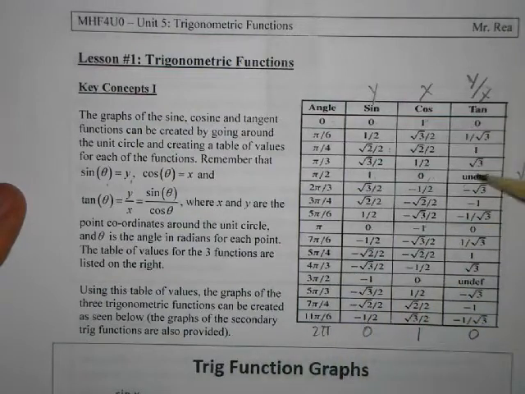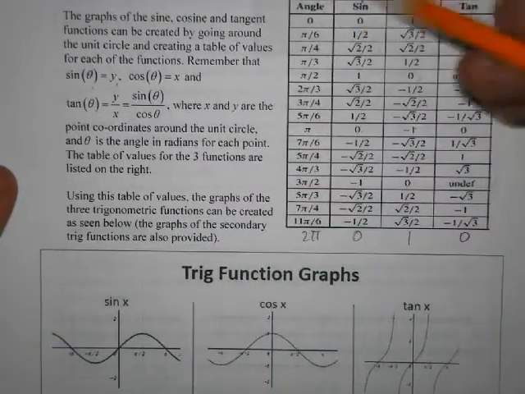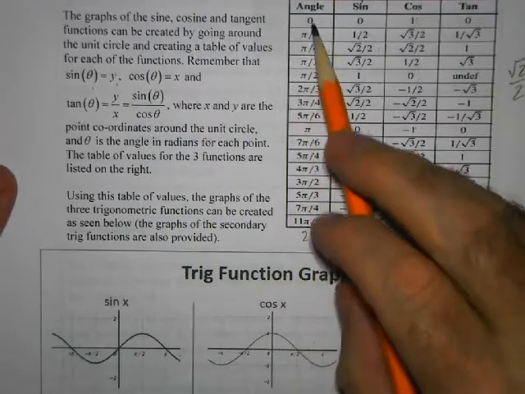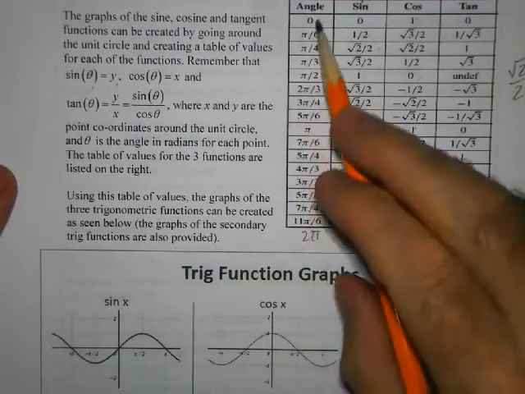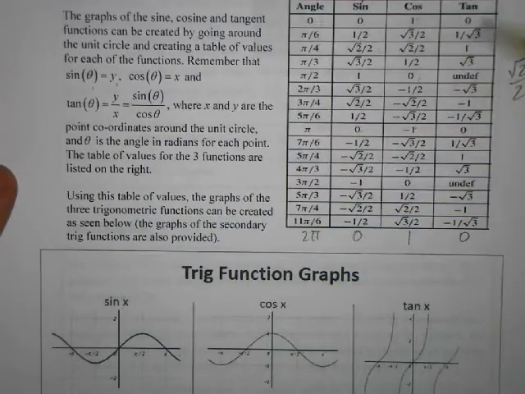So it's a pretty weird looking graph. You have these undefined values. Now what we do is we take these, we use the angle as basically the x axis, and the y-axis will be whatever each of these functions are.